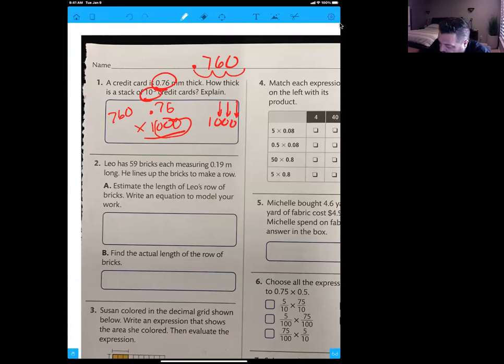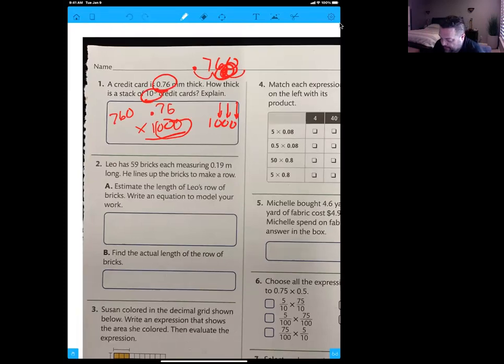If you moved the decimal wrong, your answer would be 76. That doesn't make sense, since your answer has to be close to 1,000. If you moved it too far the other way, the answer would be 7,600, but your answer has to be close to 1,000, not 7,000. So keep that in mind as you go through.